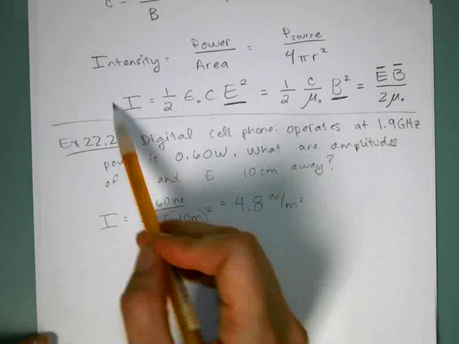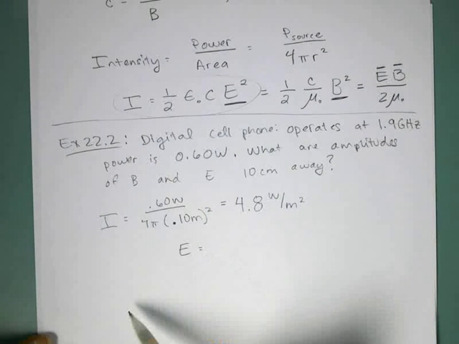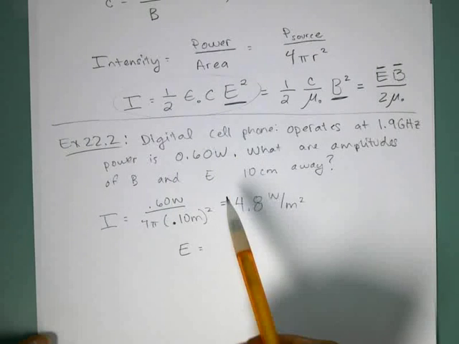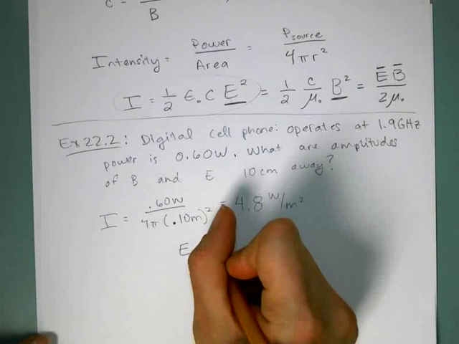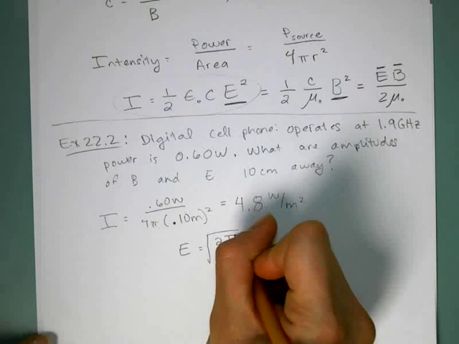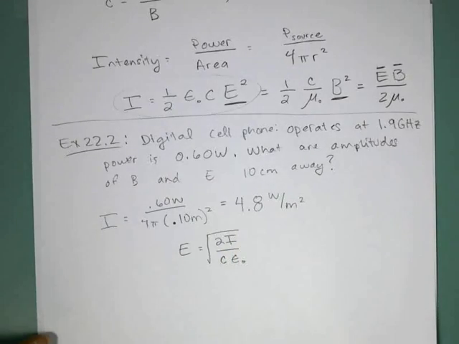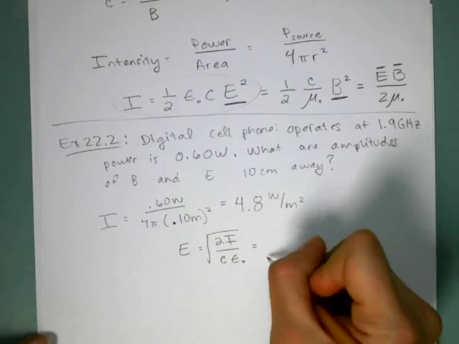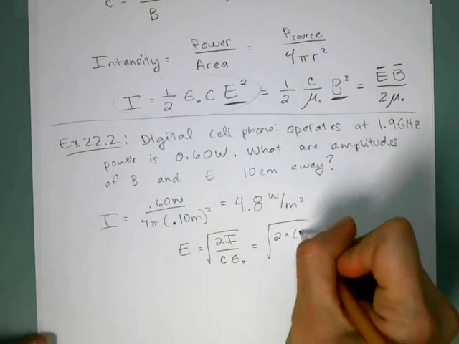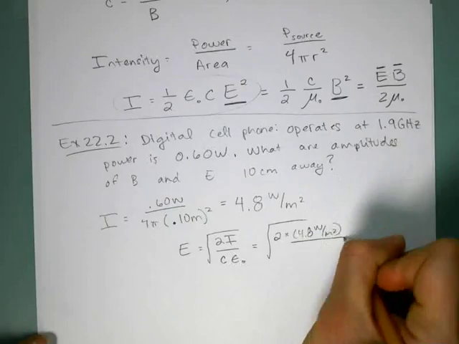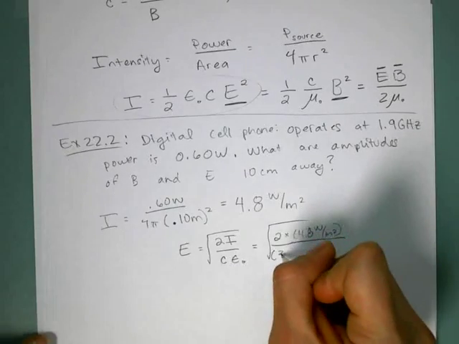And now I can solve for what E and B are just by using whichever one of these equations I'm interested in. So if I solve this equation here for E, then I'll pull everything over to one side and take the square root of everything, and you will get that that is 2 times I divided by c times epsilon naught, the square root of that.